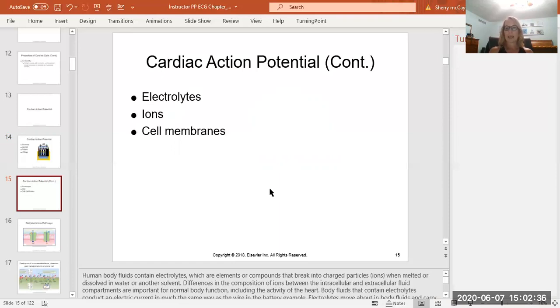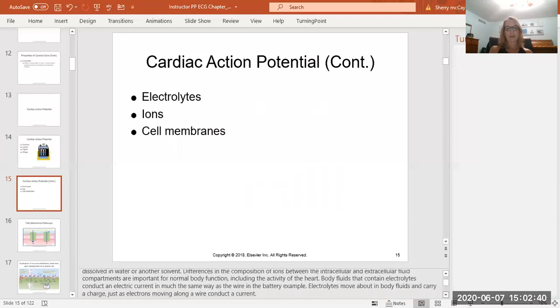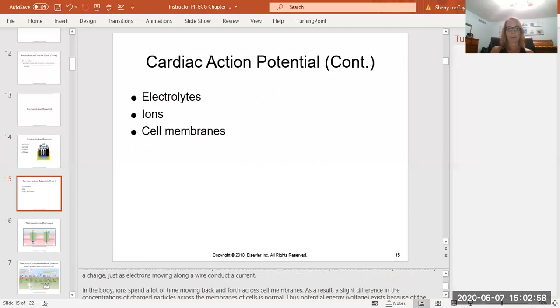Body fluids that contain electrolytes conduct an electrical current in much the same way as the wire in the battery, okay? Electrolytes move about in your body fluids and carry a charge, just as electrons moving along a wire conduct a current. So there's your comparison with your battery, okay?